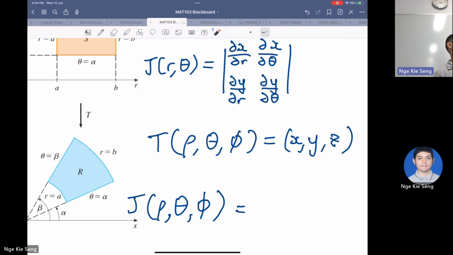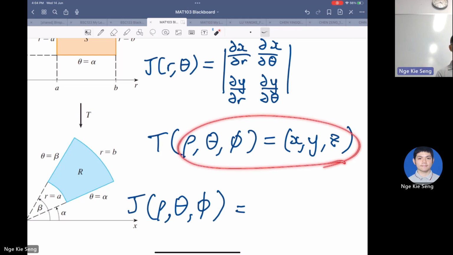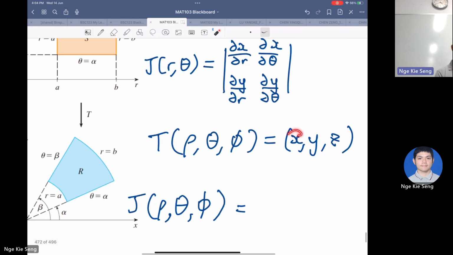How many possible ways are there here? Just 3 times 3, because for every variable you have 3 possibilities to differentiate over. So the Jacobian matrix is a 3 by 3 matrix.